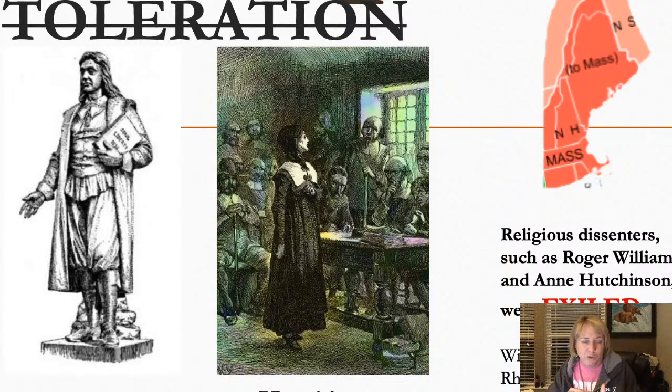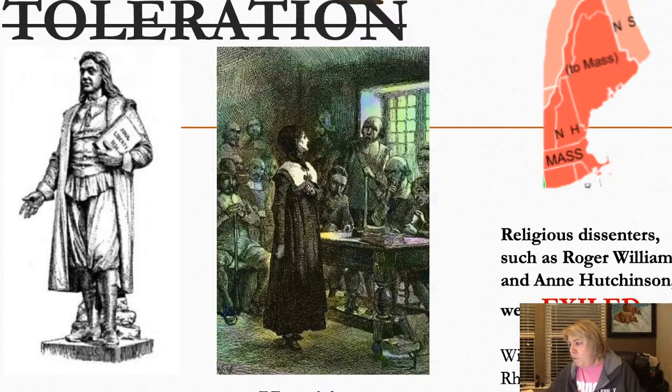The idea of individualism as Americans was born from people like Williams and Hutchinson. They're the ones who said, we should be able to stand up for something different, even if it goes against what our society is telling us right now. So when you think about religious freedom, especially, think about these two, because they're the ones who really introduced that idea to our country. Yes, the Puritans and Pilgrims were looking for it, but they weren't ready to offer it to others, if that makes sense.